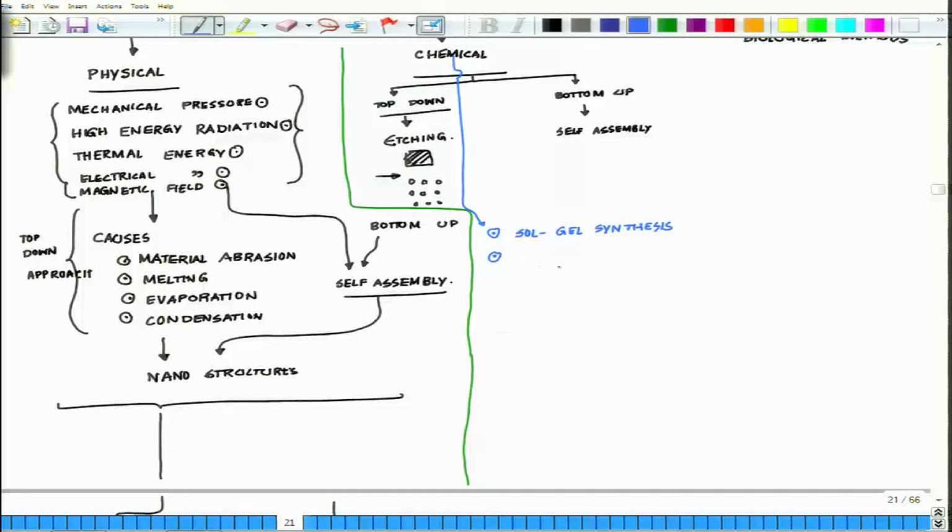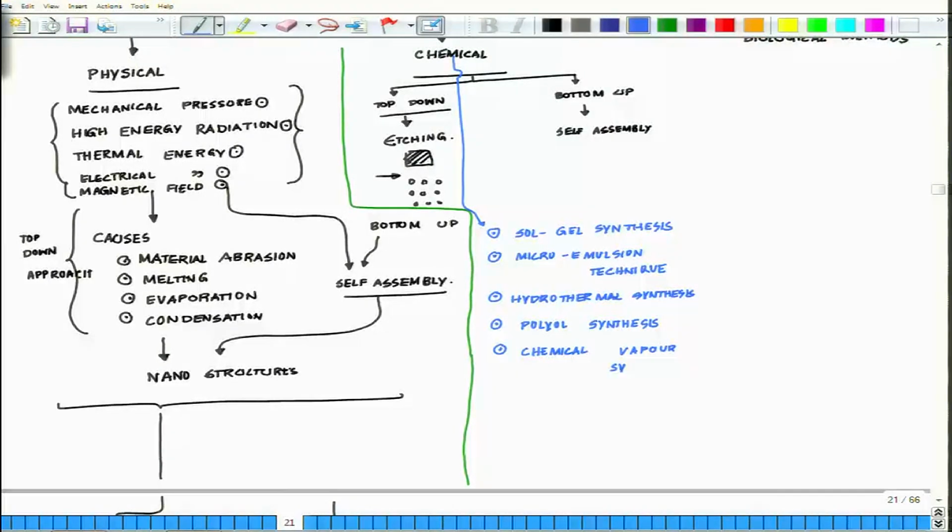You have sol-gel synthesis, then the microemulsion technique, followed by hydrothermal synthesis, then polyol synthesis, followed by chemical vapor synthesis, then plasma enhanced chemical vapor deposition.